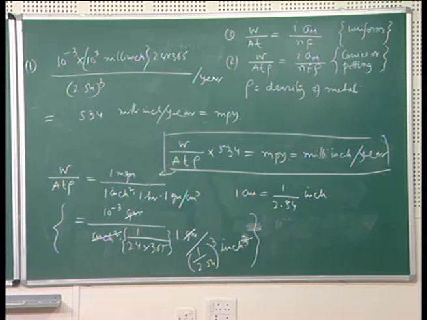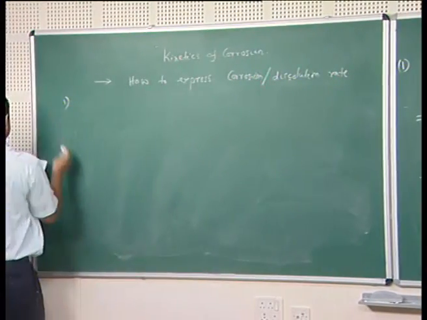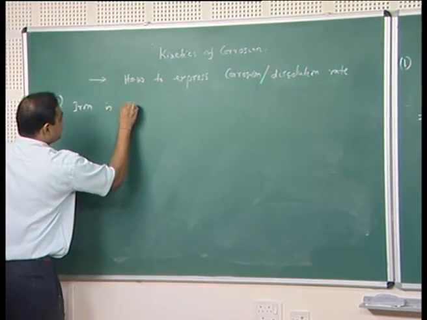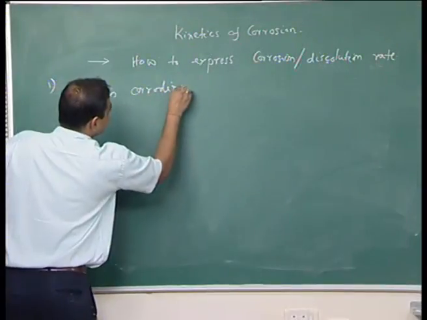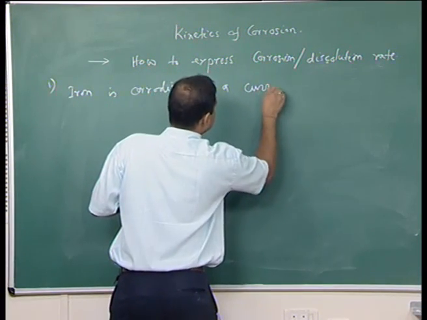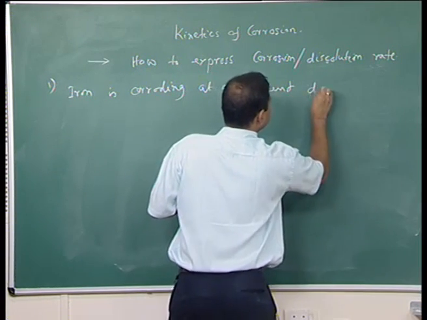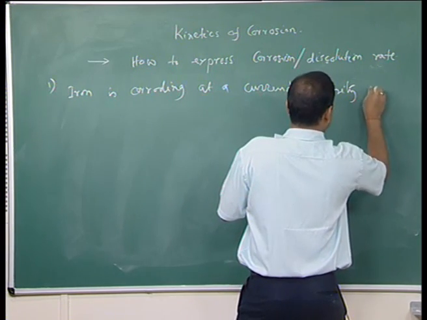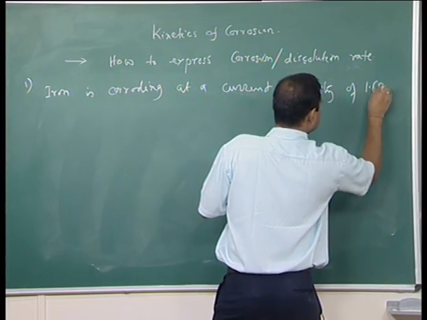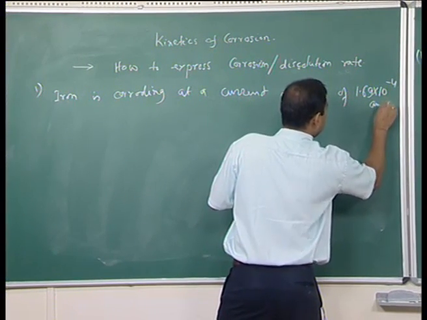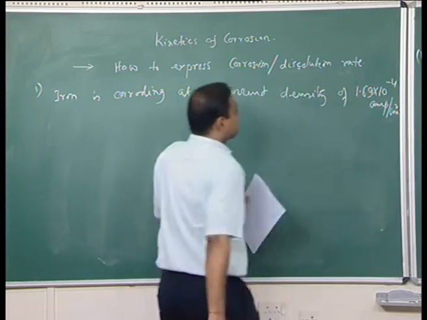And the second problem, let me chalk out here. Let us see, the problem says that iron is corroding at a current density of 1.69 into 10 to the power minus 4 ampere per centimeter square.